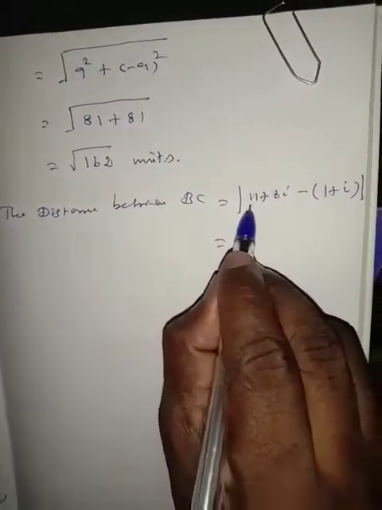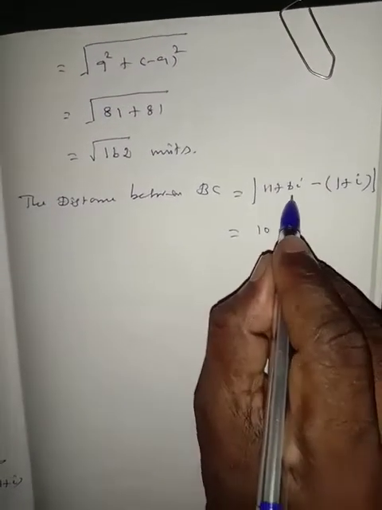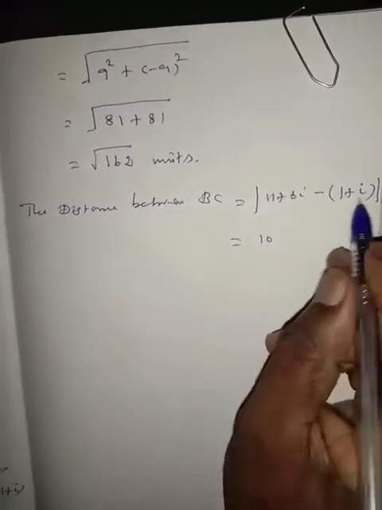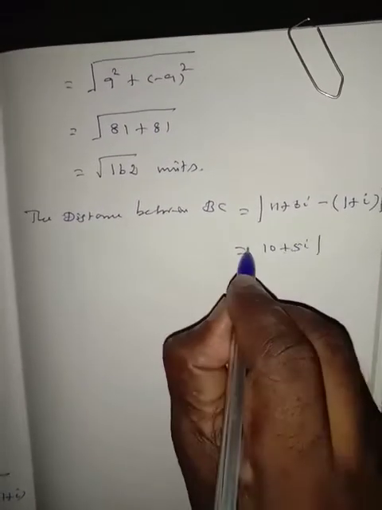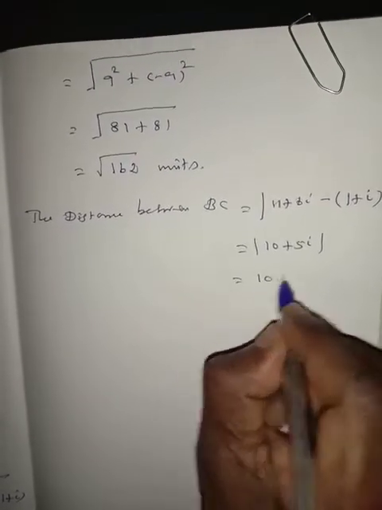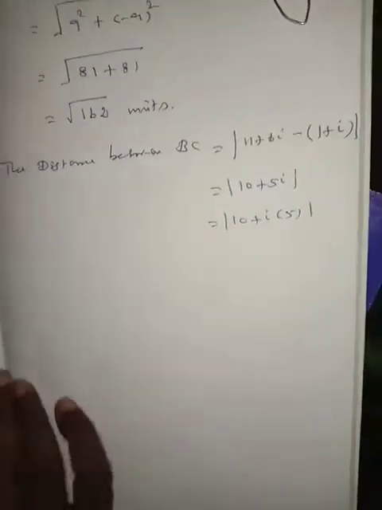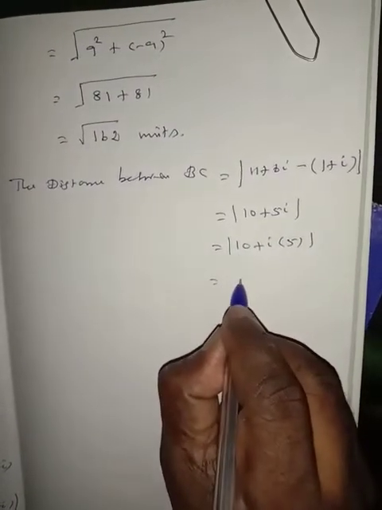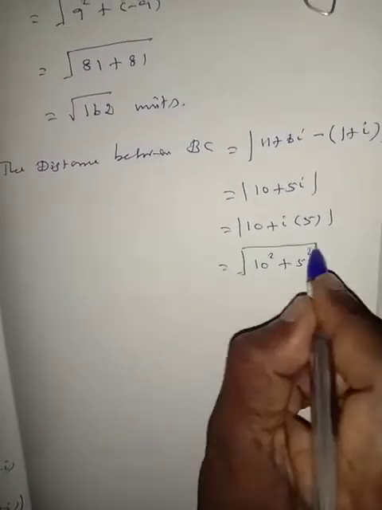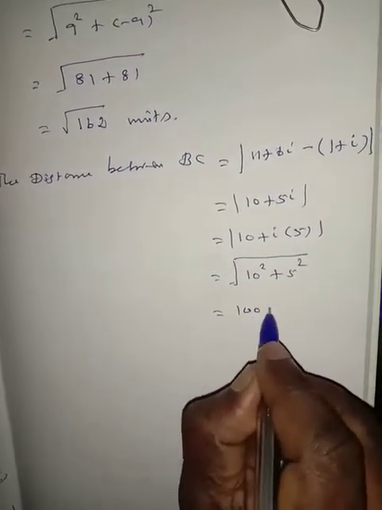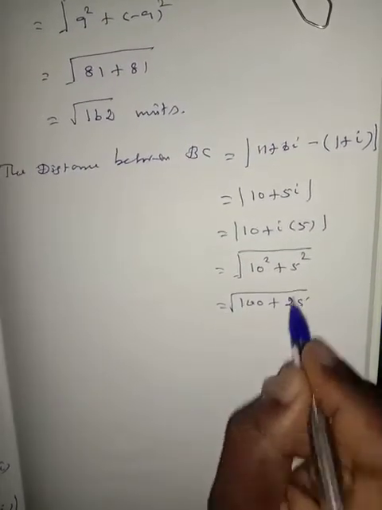Now 11 minus 1 is 10. 6i minus i is 5i. This can be written as 10 plus i into 5. 10 square is 100 plus 5 square. 5 square is 25. 100 plus 25 is 125.